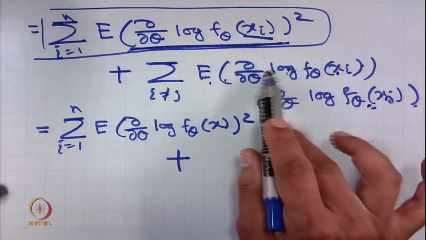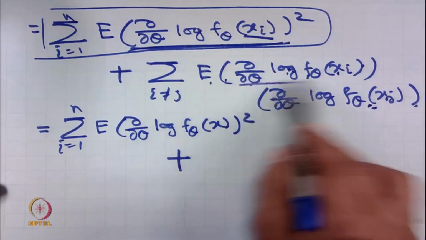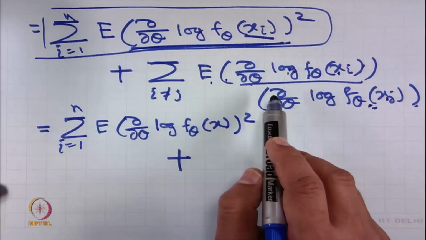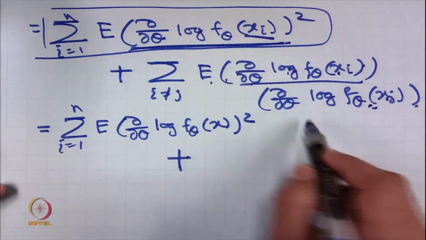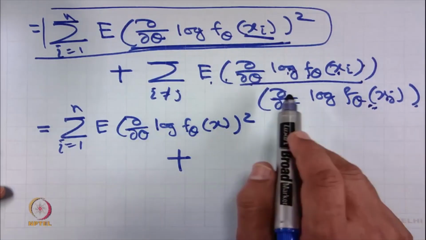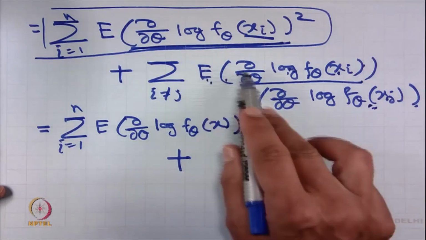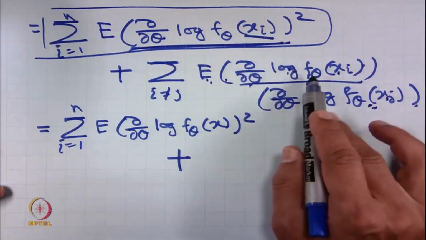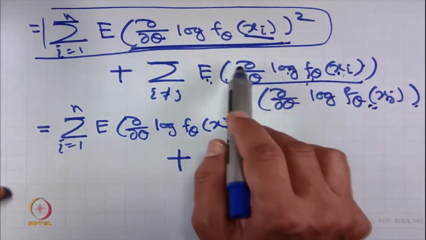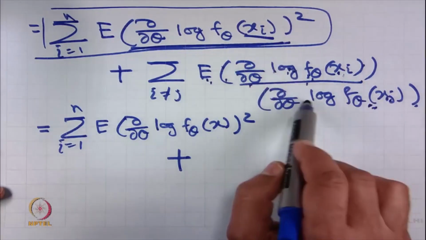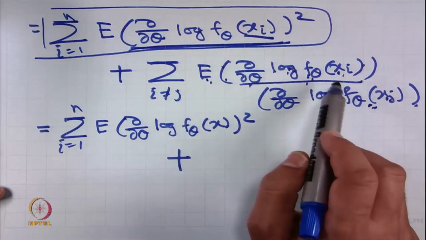Therefore, the covariance between them has to be 0, and also we have seen that expected value of del theta log L is equal to 0. By the same technique, we can find out that expectation of del theta log of f theta xi is equal to 0. Therefore, what we find is that this is the product of two terms which are independent.